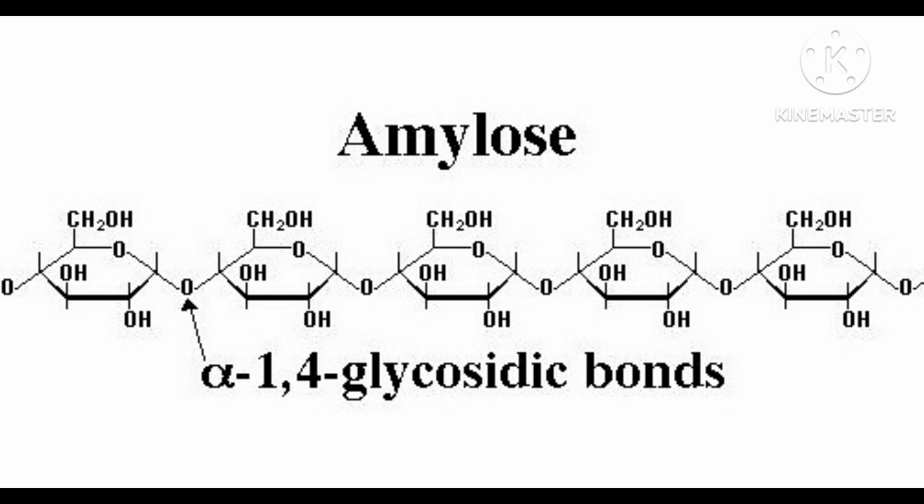Then at carbon number 1 and carbon number 4, again OH is there. Same way, H2O will go and both units will join to each other through oxygen. Then this is actually called lactose. Lactose has two units, beta D galactose and beta D glucose.